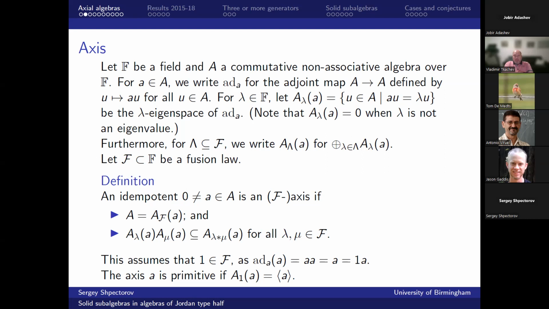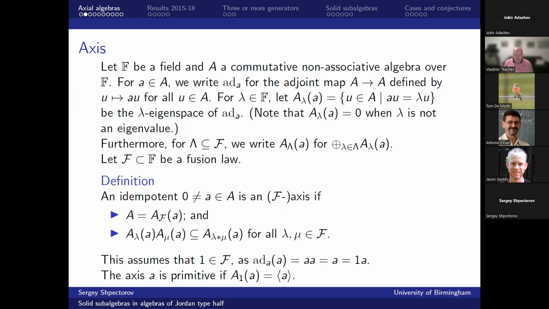So A lambda of a is the lambda eigenspace for the adjoint map of an idempotent a. We don't assume that this A lambda of a is non-trivial, so we don't assume that lambda is necessarily an eigenvalue. Lambda is just any scalar in the field.